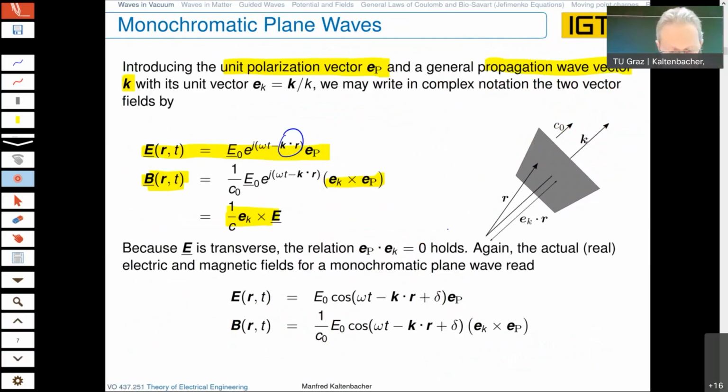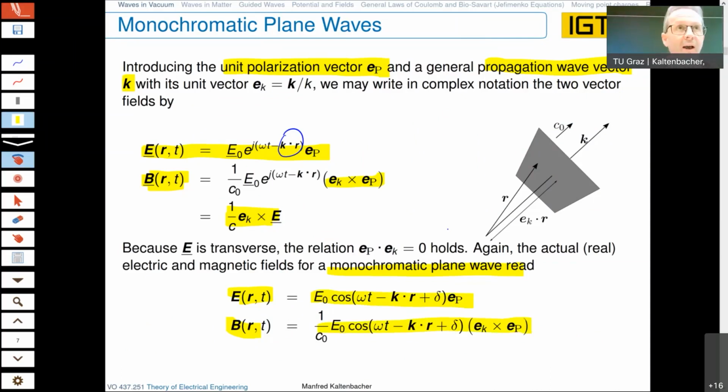Okay, so for a monochromatic plane wave as a function of position and time, as written down here, we have to take the real part again of our complex ansatz or frequency domain ansatz, and so we have a cosine of omega t minus now the dot product between the wave vector k and the position vector r, and the same we have for the magnetic field, which we can express by the electric field.